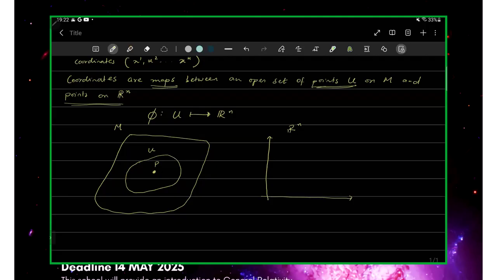So over here, what this map essentially tells you is that you take a point from U and you map it to Rn. Okay, so you map it onto another patch in Rn. So every point in U, which is a patch in M, can be mapped to Rn using this map phi. Okay, so that is what we're thinking of when we're thinking of coordinates, because these points P are essentially giving you coordinates on Rn.